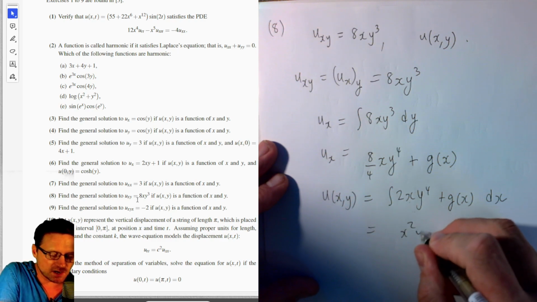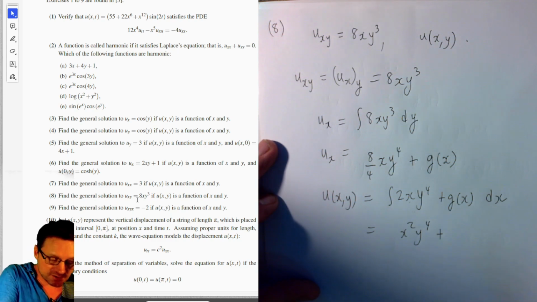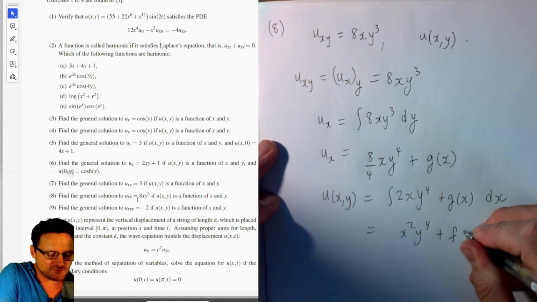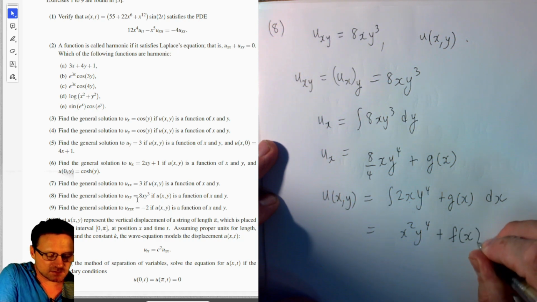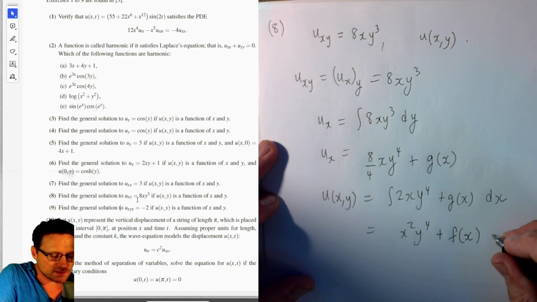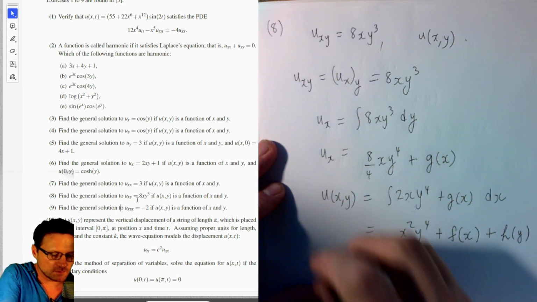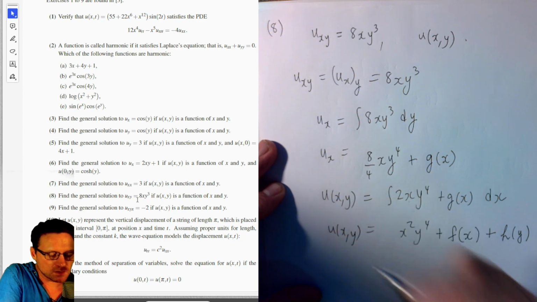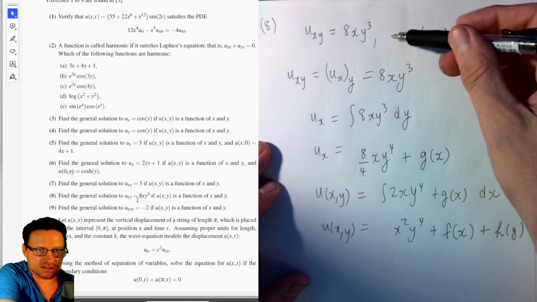So we have x squared y to the 4th plus some other function f of x, where f of x is the integral of g of x. And then since this is a partial, what's the other letter? It's y, so plus h of y. Okay, and so this is what u looks like in general, satisfying this PDE.